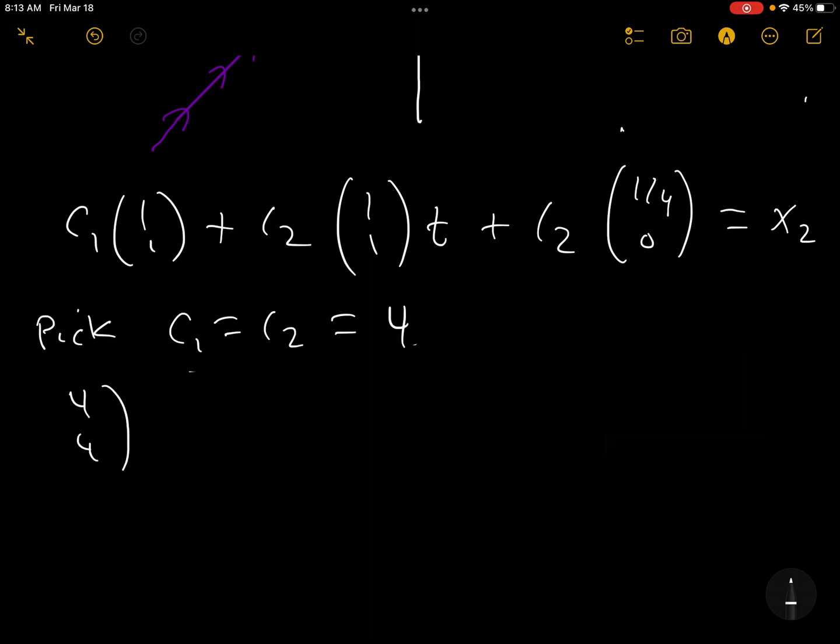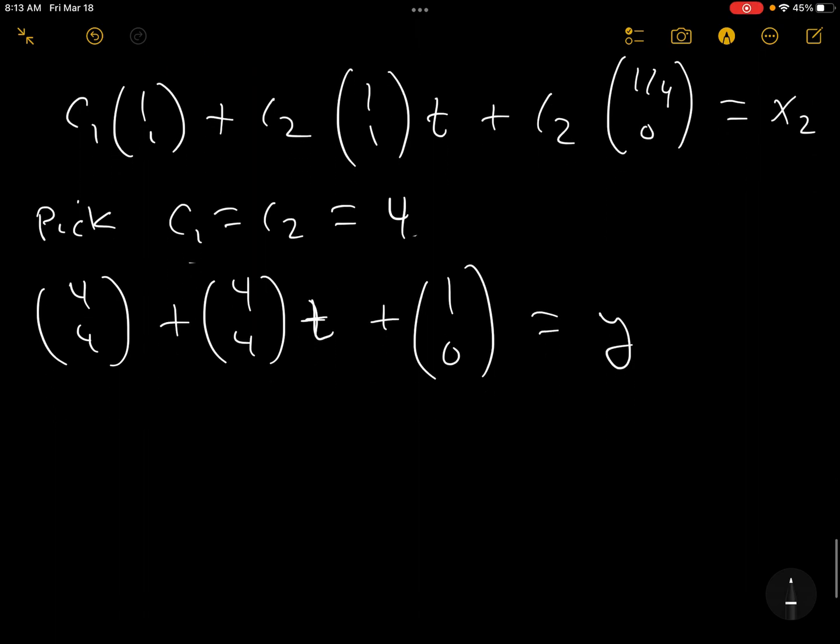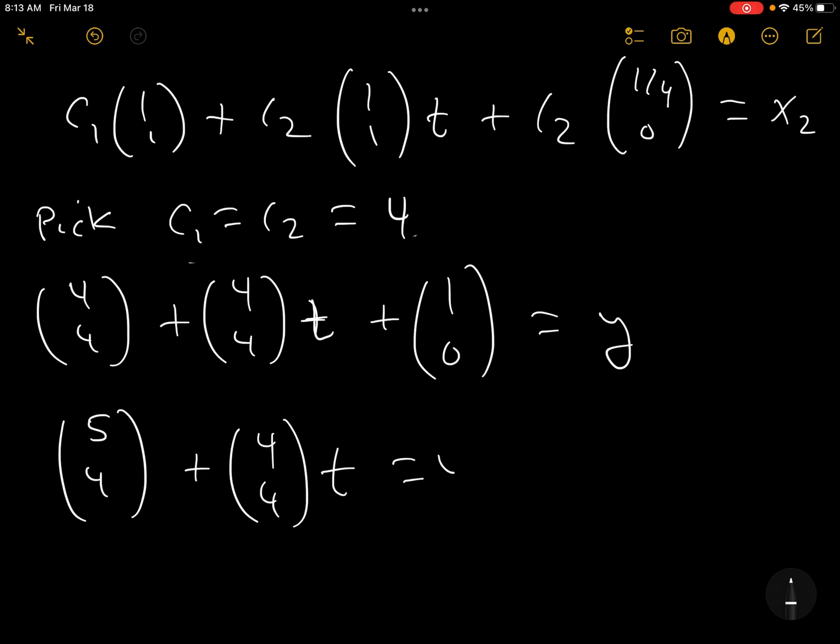So what I'm left with here is (4, 4) plus (4, 4) t plus (1, 0). That's a nice line. And so when you clean this up, you get (5, 4) plus (4, 4) t.